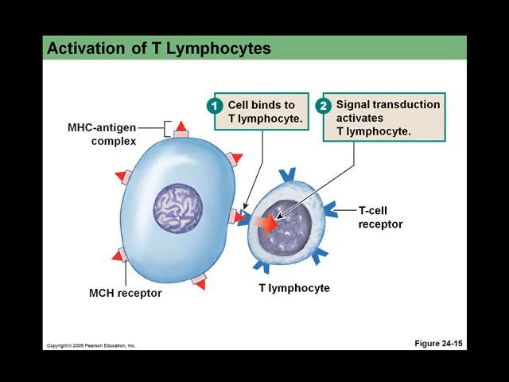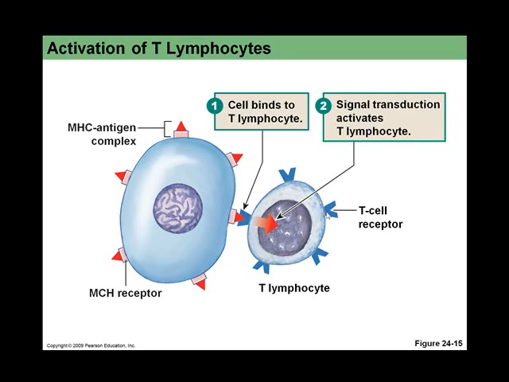And then the T lymphocytes are able to recognize that the MHC is there, and then probe, if you will, the surrounding area and say, oh, you're presenting something new and I need to react to it. And so it is a signal transduction that occurs, and this activates the T lymphocyte.